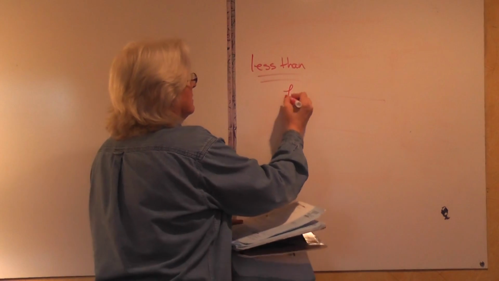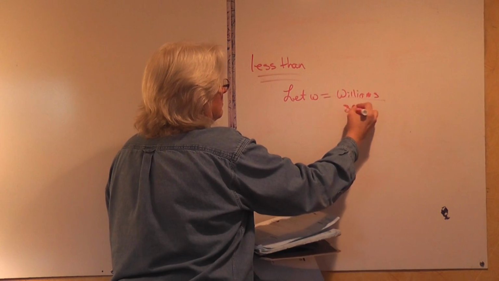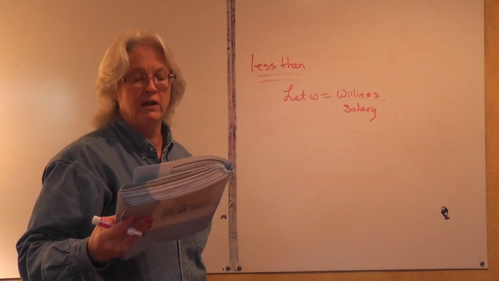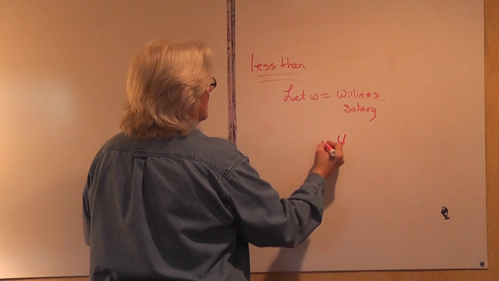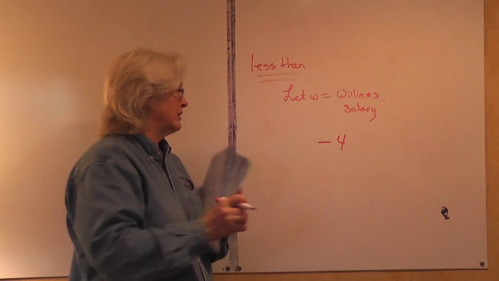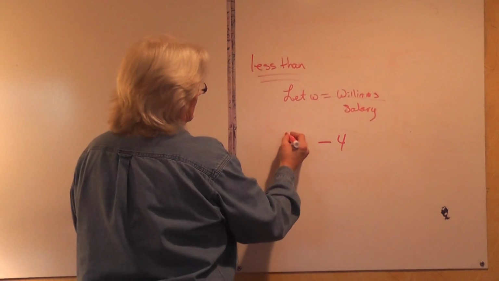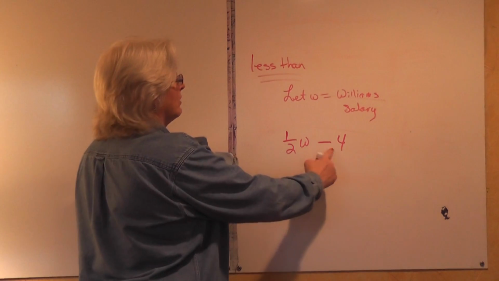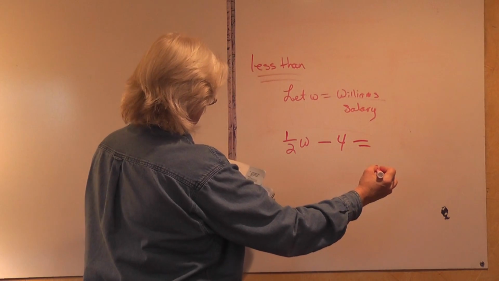So why don't we say, let W equal William's salary. Now, see what we have. Tom's weekly salary of 61 is 4 less than 1/2 William's salary. If this W is William's salary, what is 1/2 William's salary? So 1/2 times W would be 1/2 of William's salary. 4 less than 1/2 of William's salary is 61.